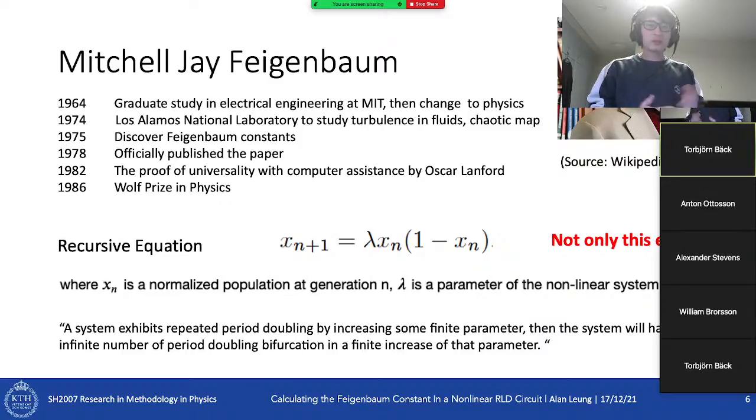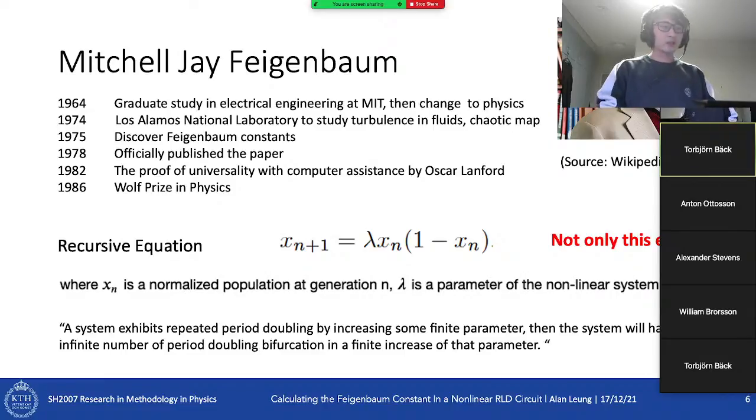He dealt with it using the recursive equation x_{n+1} = λ x_n (1 − x_n). What is x_n? x_n is the normalized population at generation n. λ is a parameter that can cause chaotic behavior in a nonlinear system.